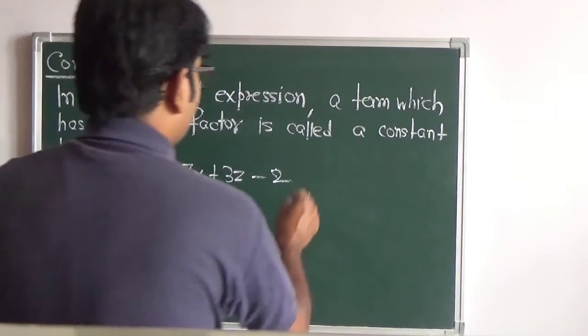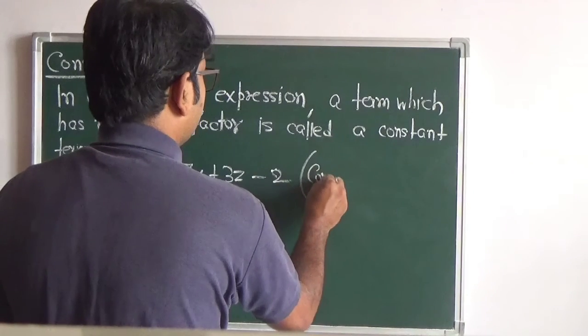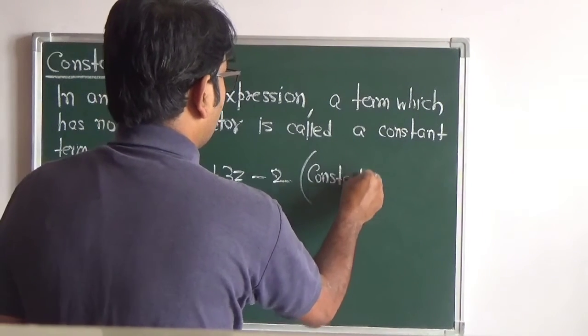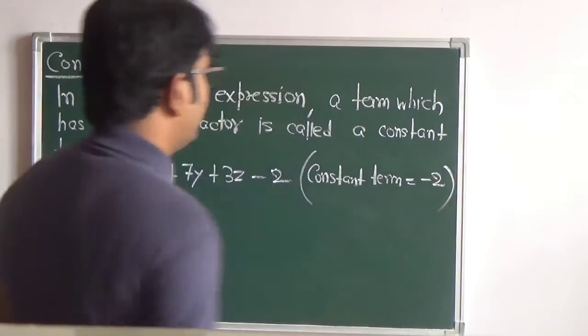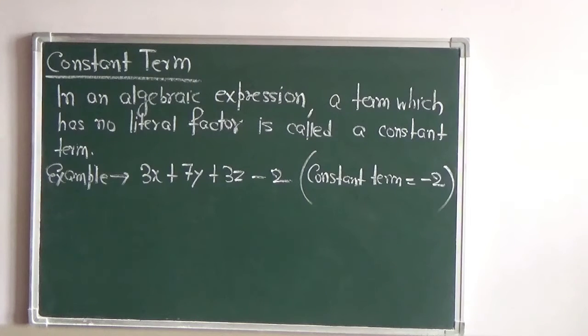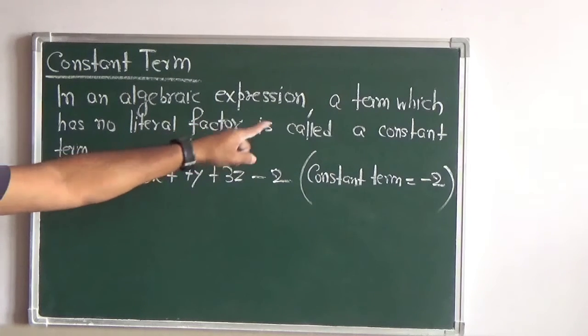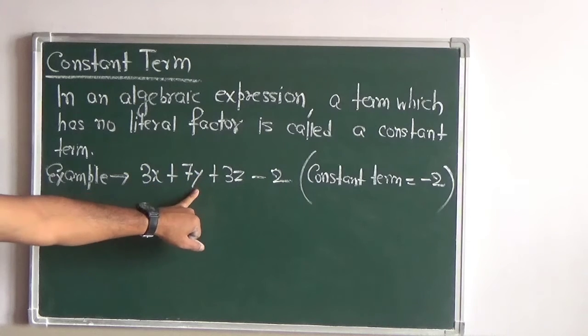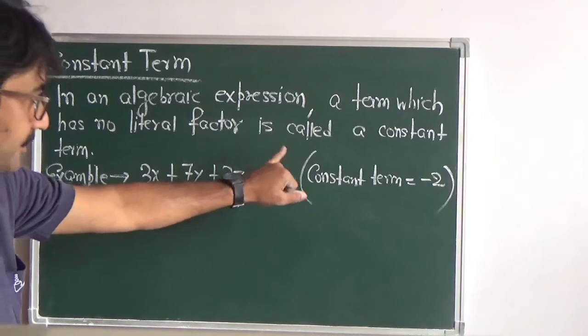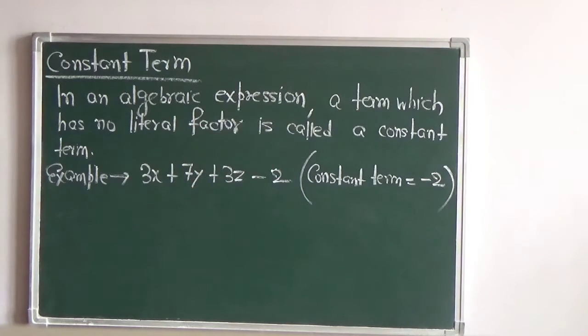So here the constant term is equal to minus 2. You can see minus 2 is the constant term. According to the definition, in an algebraic expression, a term which has no literal factor is called a constant term. So here x is the literal factor, y is the literal factor, z is the literal factor, but in this case minus 2 doesn't have any literal factor, so that is called a constant term.